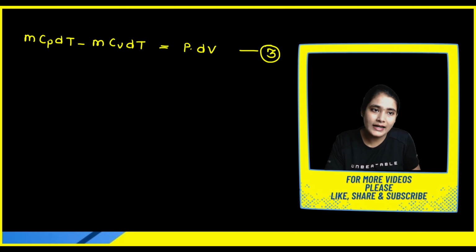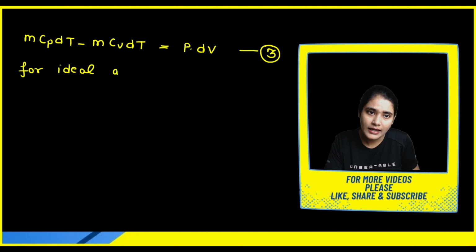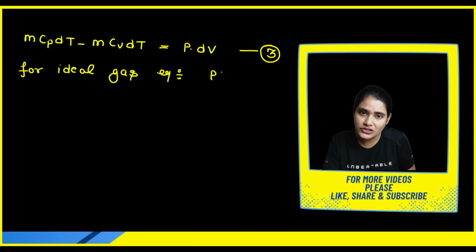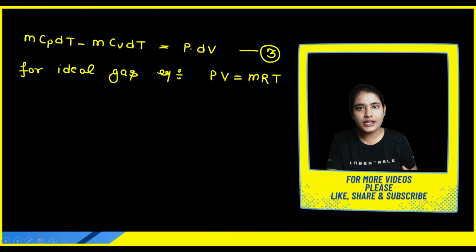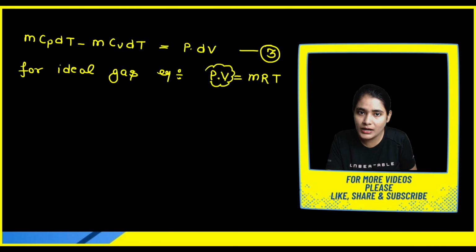Now for an ideal gas, you know one expression, pV = mRT. Now differentiate it. We already know the process of differentiation. Pressure is changing, volume is changing, temperature is changing, so here you have two functions in multiplication.